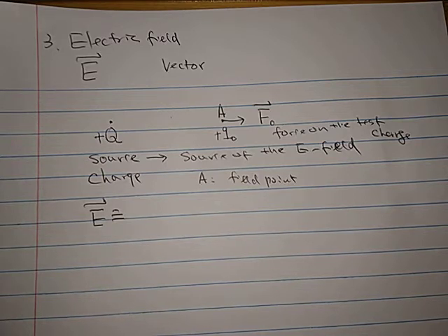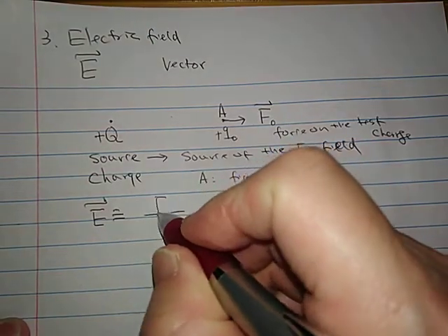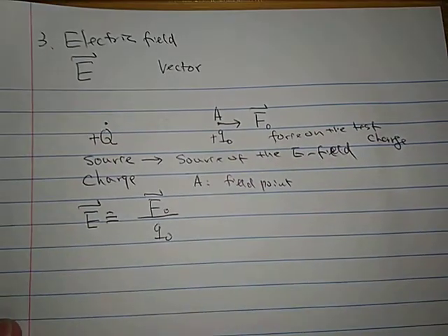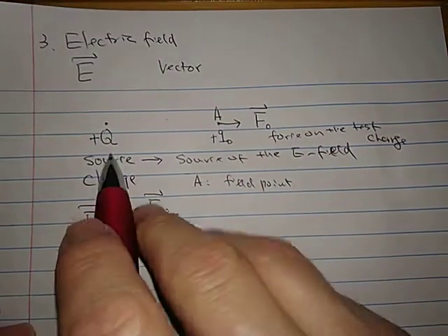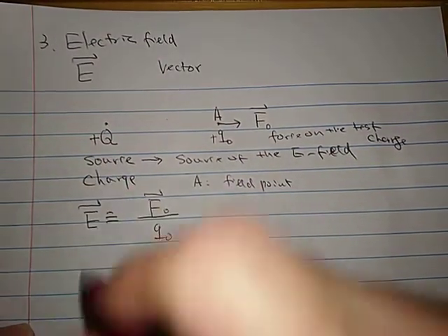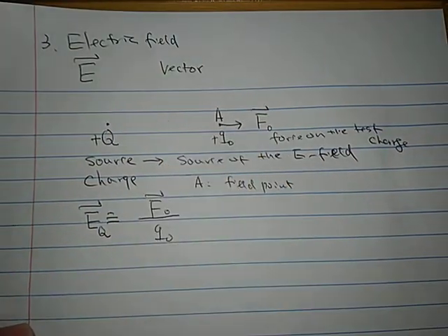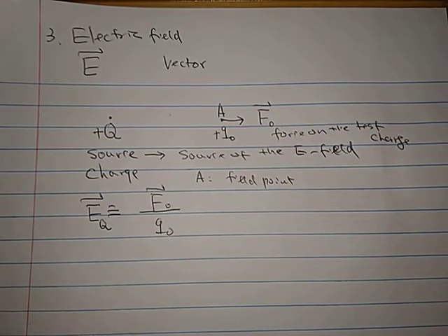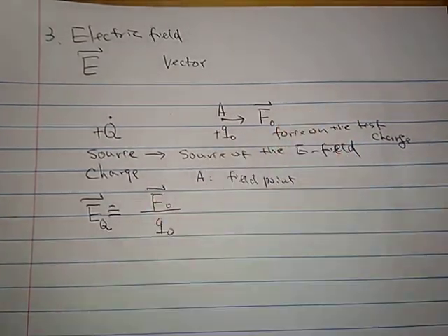You may wonder why we need field points. The reason is this. If you look at the definition of how the electric field is defined, since the electric field is from Q, we use a subscript Q to represent that. So now you can see F0 over Q0.